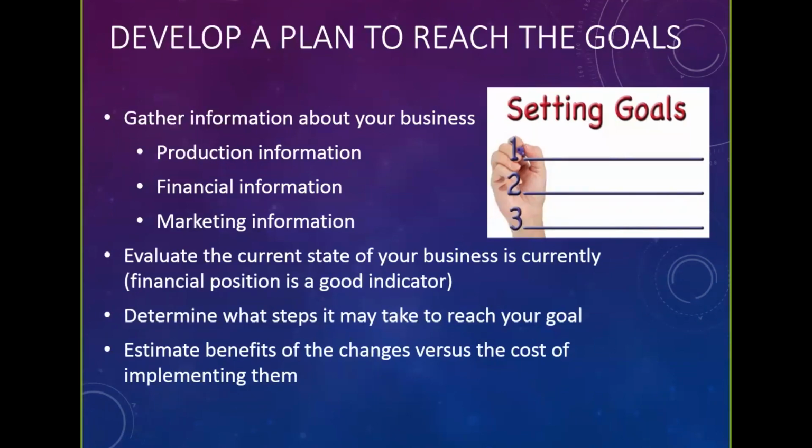But let's say there's a new piece of technology out there, and it's going to cost you $100,000 to implement this new greatest whiz-bang piece of technology, but it only lowers your cost of production by 1 penny. That probably might not be the benefit to justify the cost of that type of technology or change to your business.